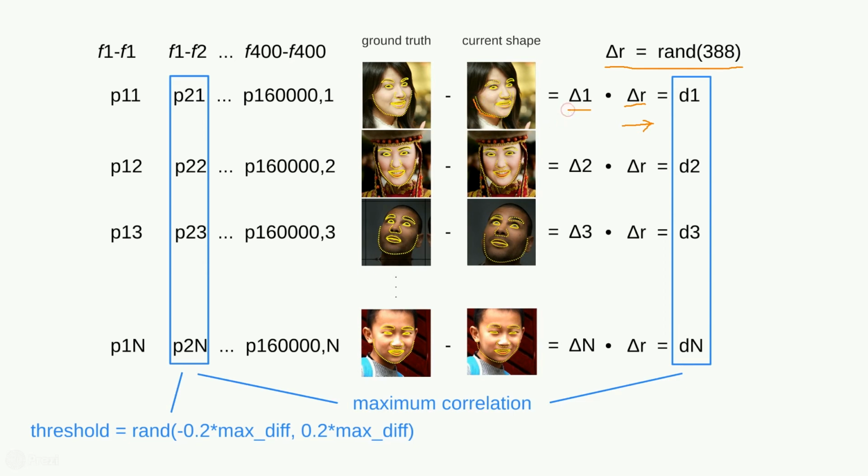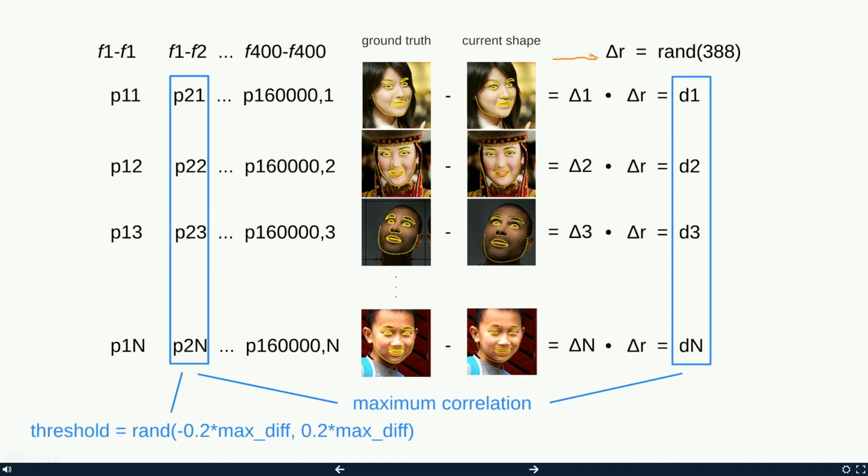And then as we do the dot product, it's like doing a projection. So we have 2 vectors, and we would project one vector onto the other. We already know that delta 1 is moving the face to the right, just as delta R. So these 2 should have a higher value. For delta 2, it also needs to move the face to the right, so D2 will also have a higher value.